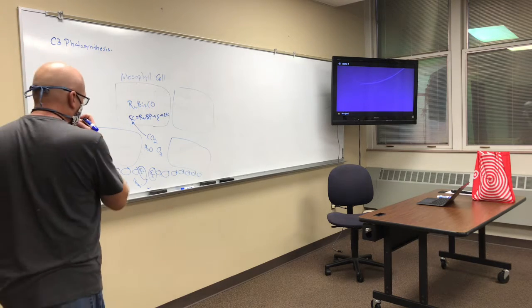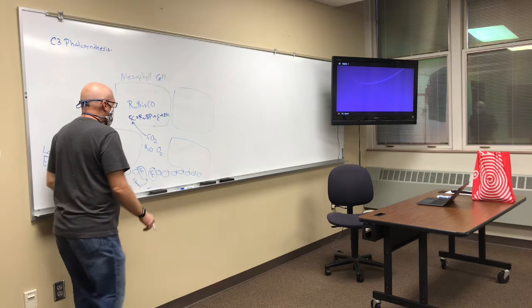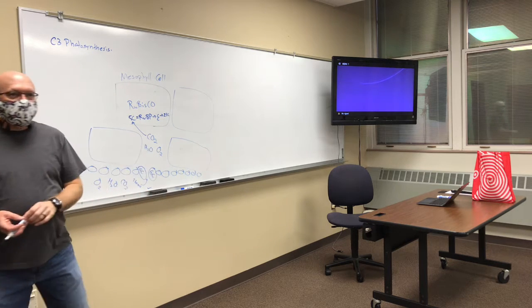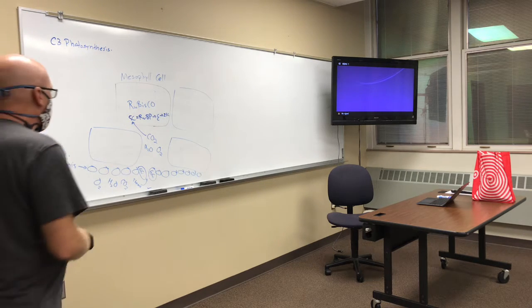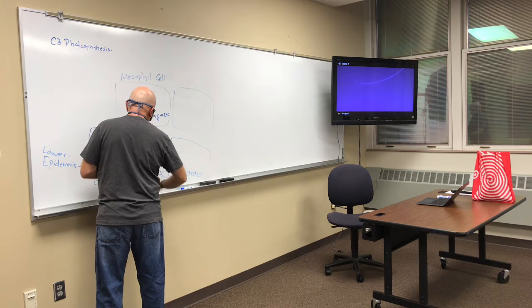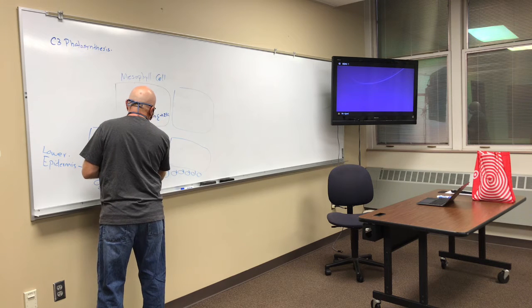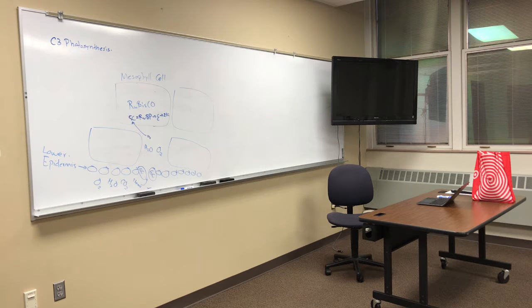So as the cell is doing photosynthesis, what happens to the concentration of carbon dioxide in these air spaces? It goes down. It goes down to the point that it becomes low enough that what starts to happen? Because Rubisco not only adds carbon dioxide to RuBP, but it also adds what? Oxygen. It also adds oxygen.